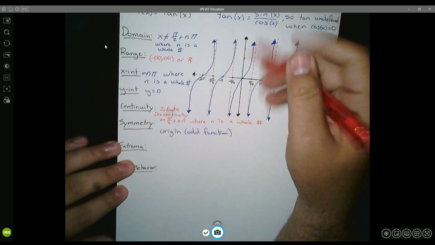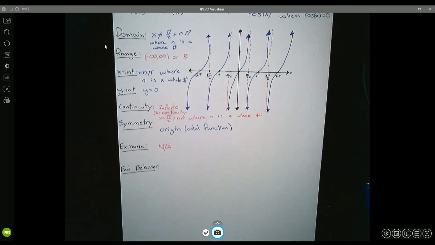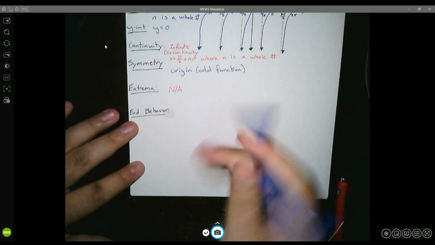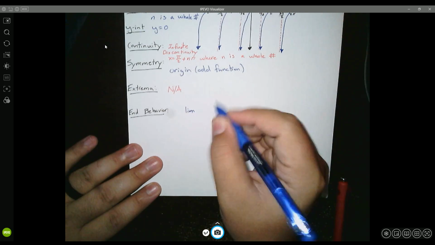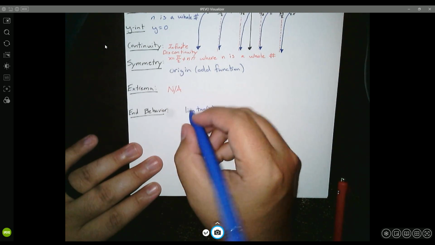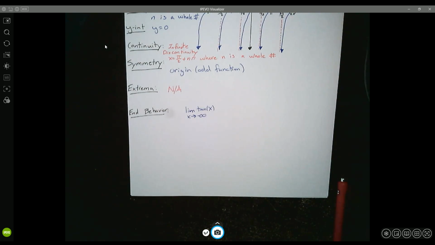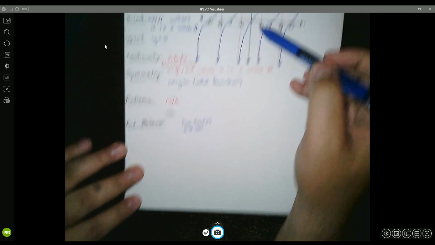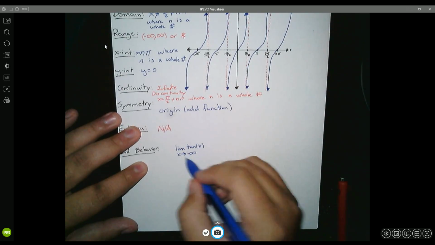Extrema, maxes and mins. There are no maxes because we go to infinity and negative infinity, so not applicable. And we talk about end behavior. For end behavior, we want to say the limit of tangent x as x approaches negative infinity. What happens as x approaches negative infinity? It keeps going on below, so we can say this doesn't exist.